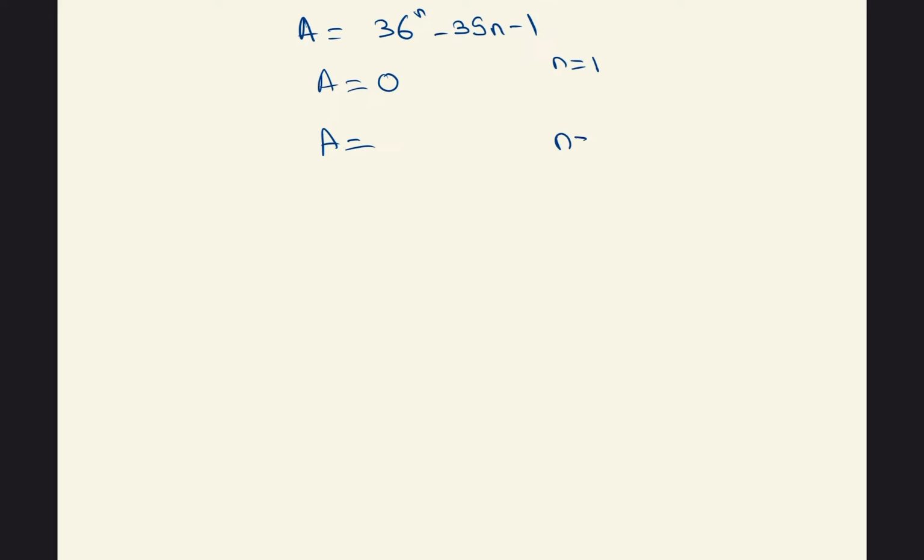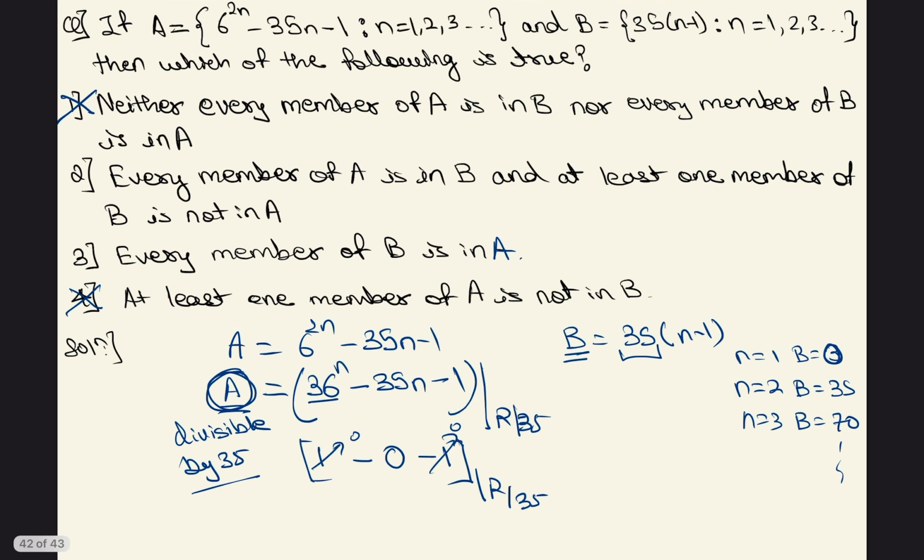For n equals 2, it becomes 36 squared minus 70 minus 1, which conclusively is much larger than 70. Hence there is a member in B which is not in A, and that is saying that at least one member is there, which can refute the statement that every member of B is in A, which is false.